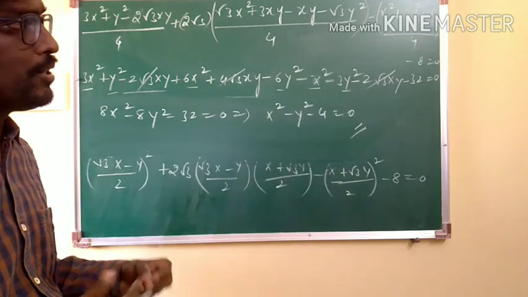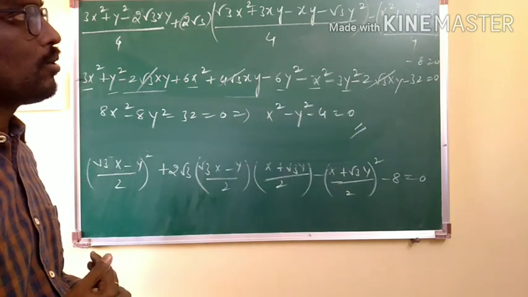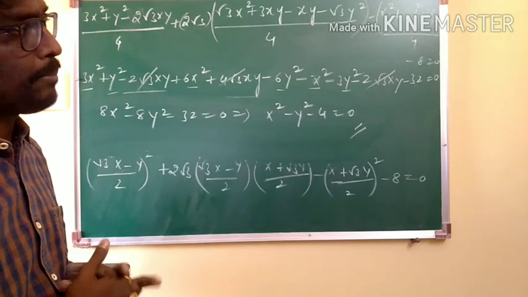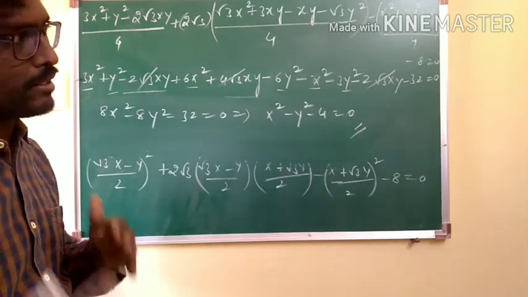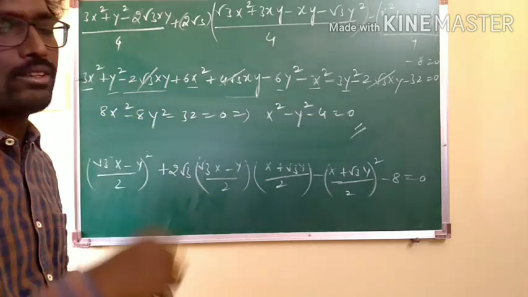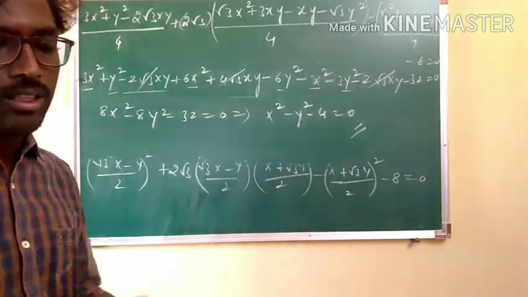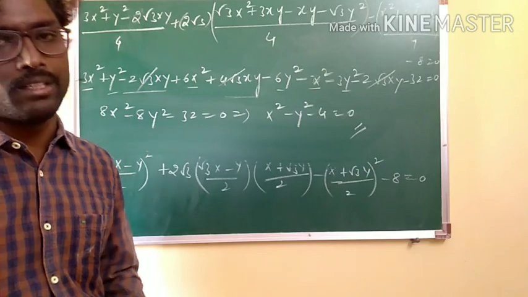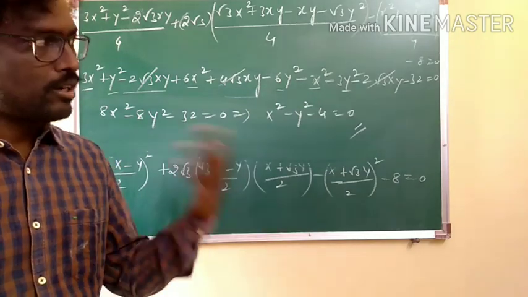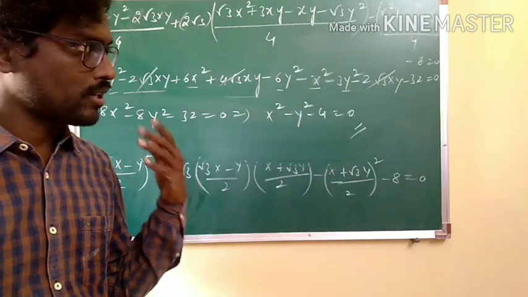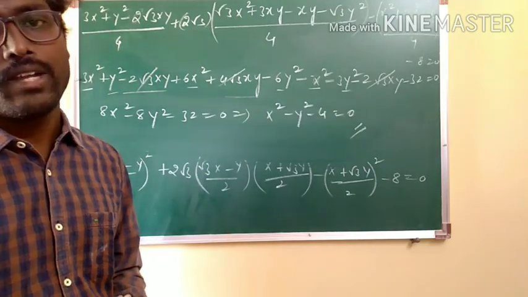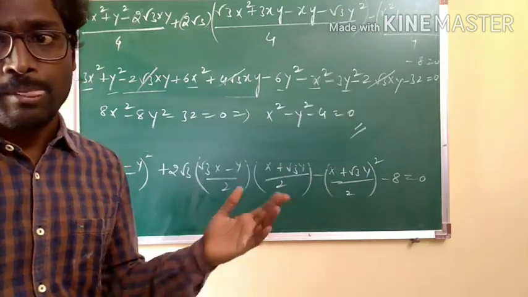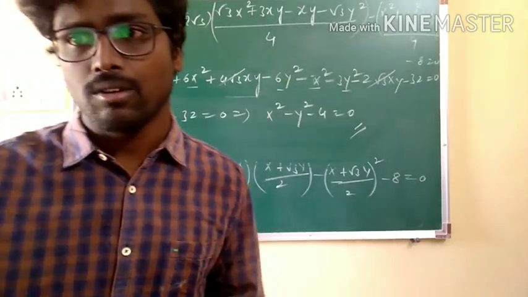But when you practice more and more, the calculations become very simple, so that you will not be taking longer time. As I am explaining, I am going through each and every step because I am handling all types of students over the virtual method. So when you are doing it yourself, if you are capable of doing the calculations faster, you can do it very easily. That's why you should be very careful.